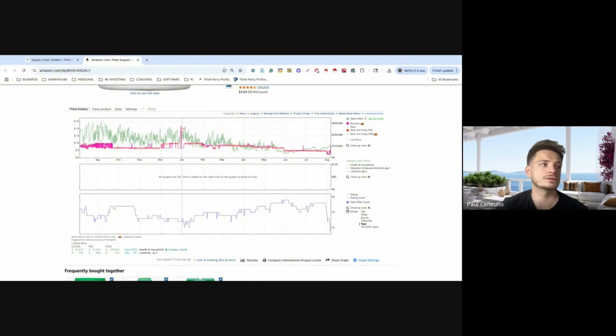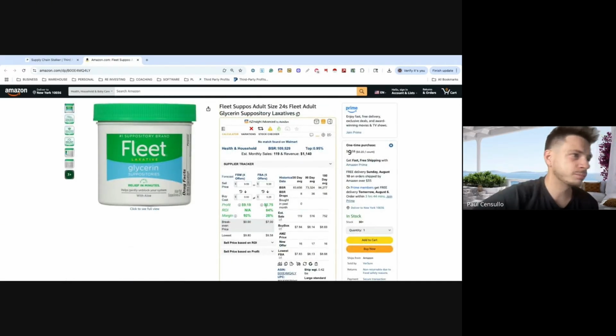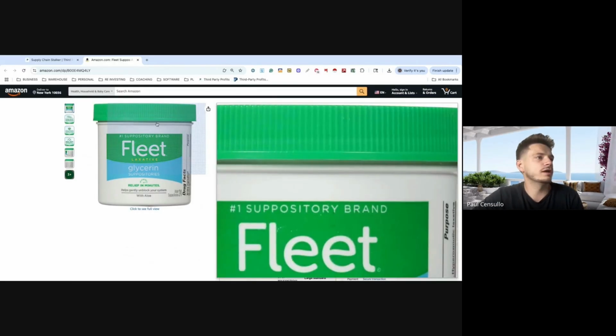Or you can make 10% of 100K or 10% of 500K, and at the end of the day, it comes down to the dollars. That's what we pay ourselves with. That's how much money we can put into our physical pocket to grow the life that we want. So in this type of scenario, the margins are good, but the profit per sale is not really better than any other product you can find on Amazon. So just kind of move on from a product like this.